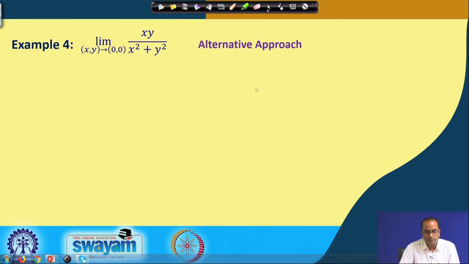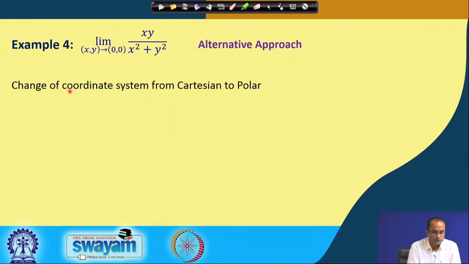An alternative approach to compute such a limit could be using a different coordinate system, and we can use the change of coordinate system from Cartesian to polar coordinates. So, in this case we know the transformation, that is x is equal to r cos theta and y is equal to r sin theta.